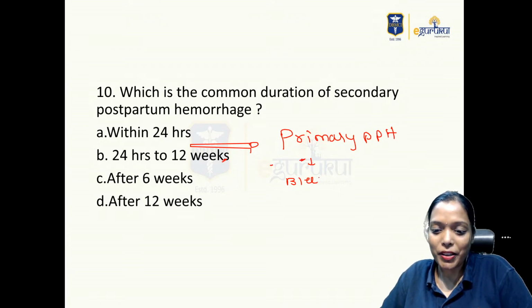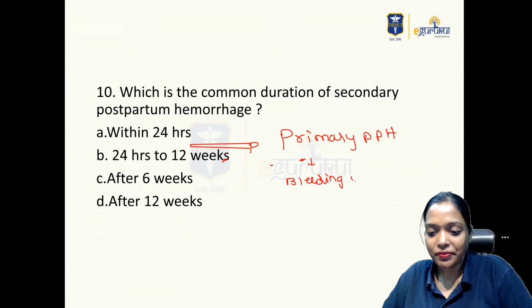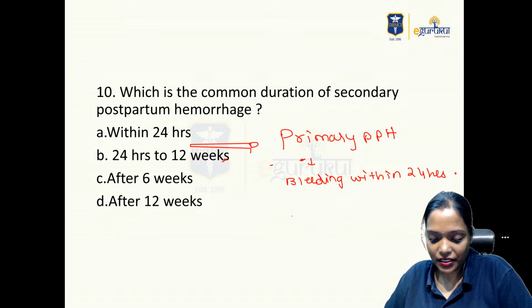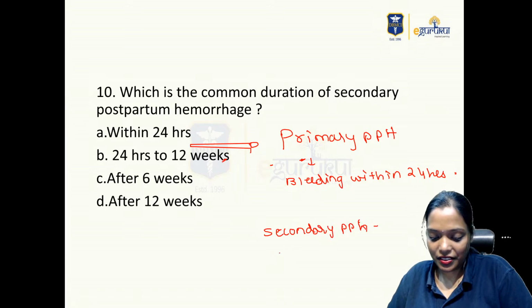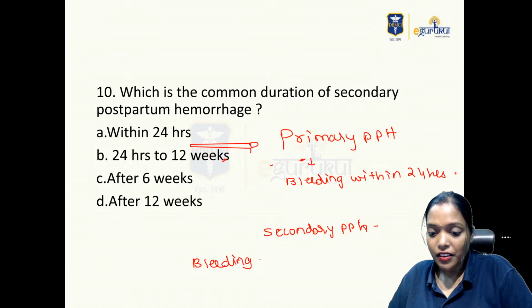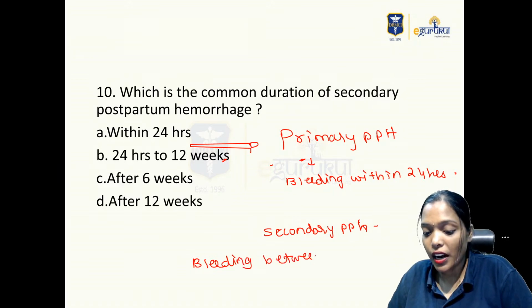So primary PPH is bleeding within 24 hours. Secondary PPH is bleeding between 24 hours to 12 weeks, right?